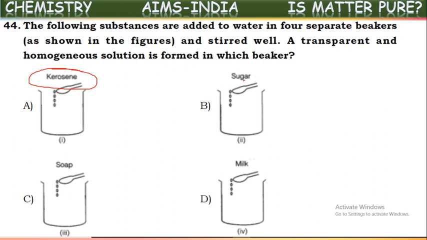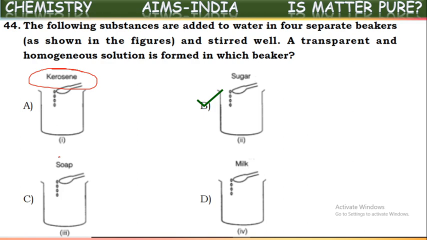Second one, we see sugar. We add 1 spoon of sugar into water and we stir it continuously. This sugar completely disappears and forms a transparent solution. What about soap? Of course, soap may be dissolved into water, but it forms a white turbid solution.